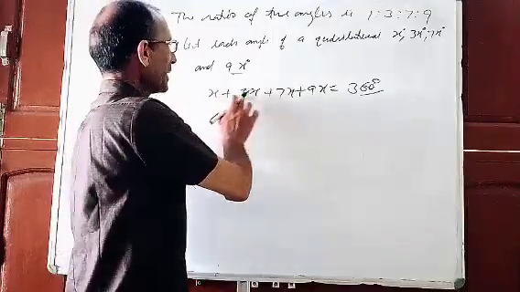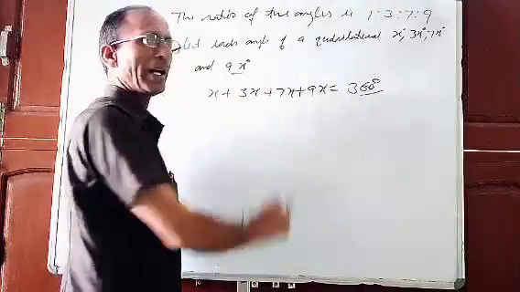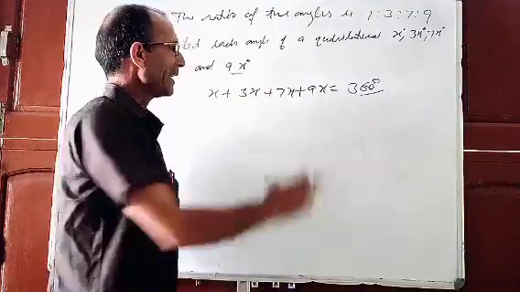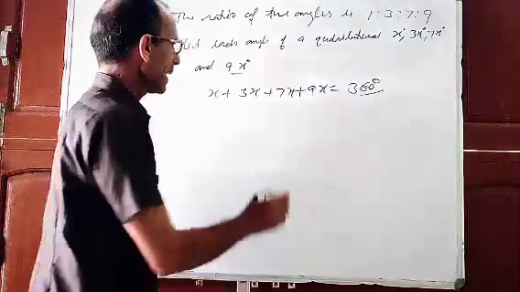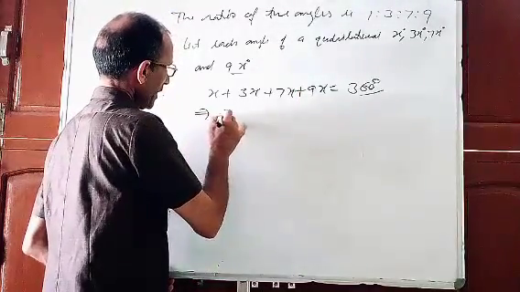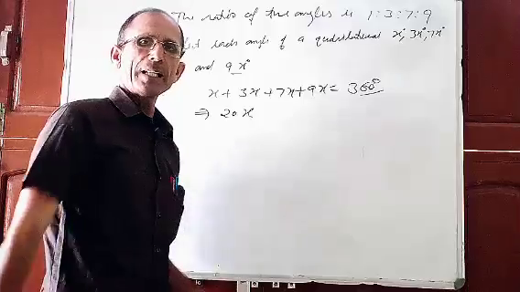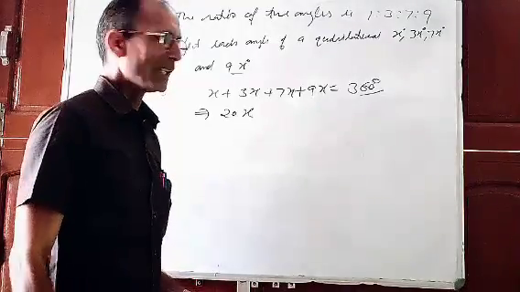So add them: x and 3x, 4x; 4 and 7, 11x; 11x and 9, 20x. So the total will be 20x. Any doubt, any confusion?